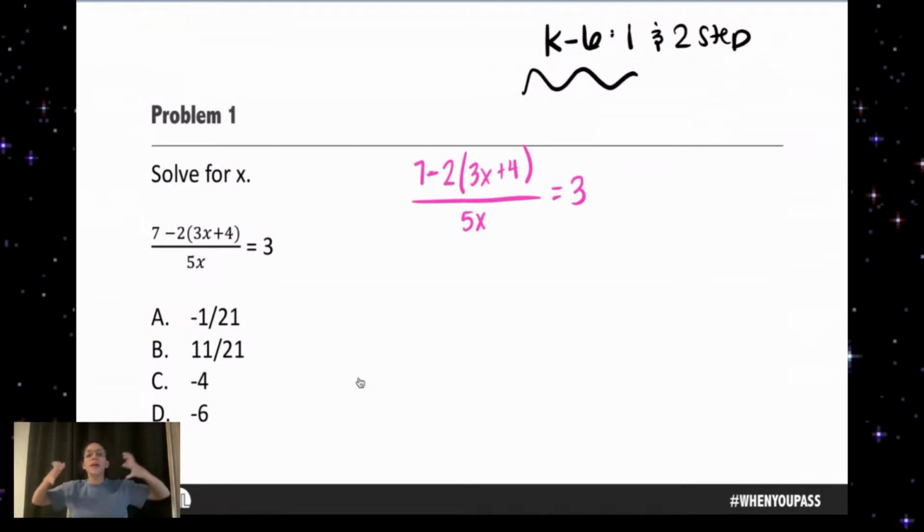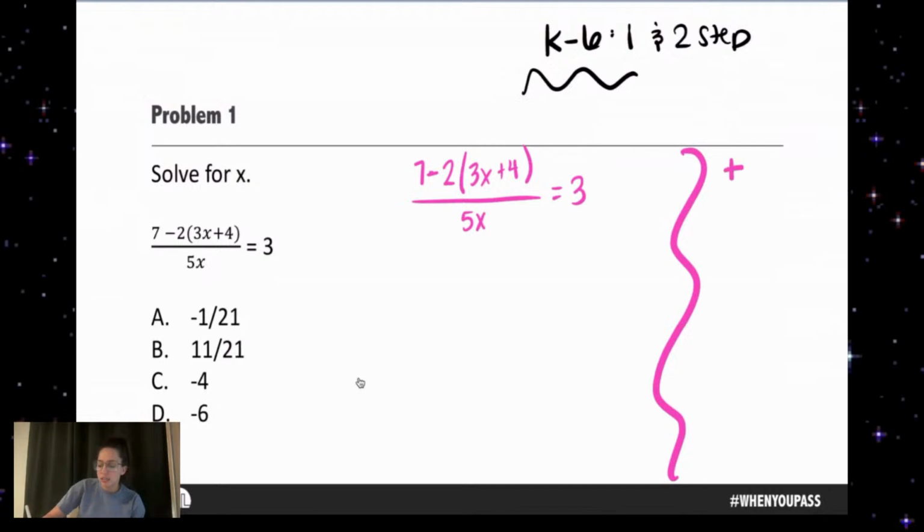What I'm always thinking when I'm solving an equation is, how do I undo what's being done? How do I undo addition, subtraction? How do I undo multiplication, division? How do I undo an exponent, a square root? And vice versa. How do I undo subtraction, addition, division, multiplication, a square root, square it?